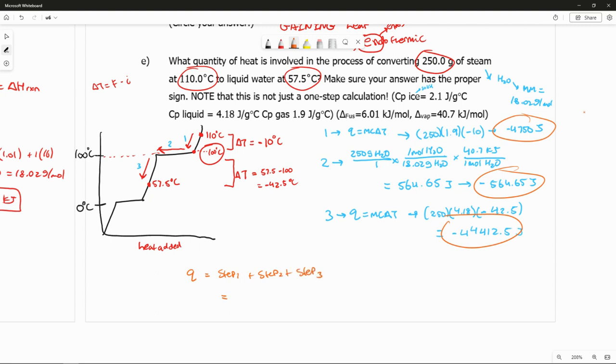And this is going to be negative 4,750 plus negative 564.65 plus negative 44,412.5, which is going to give us in the end negative 49,727.15 joules, or if we wanted to use kilojoules, we would divide that by 1,000 and we would get 49.73 when we round this to kilojoules.